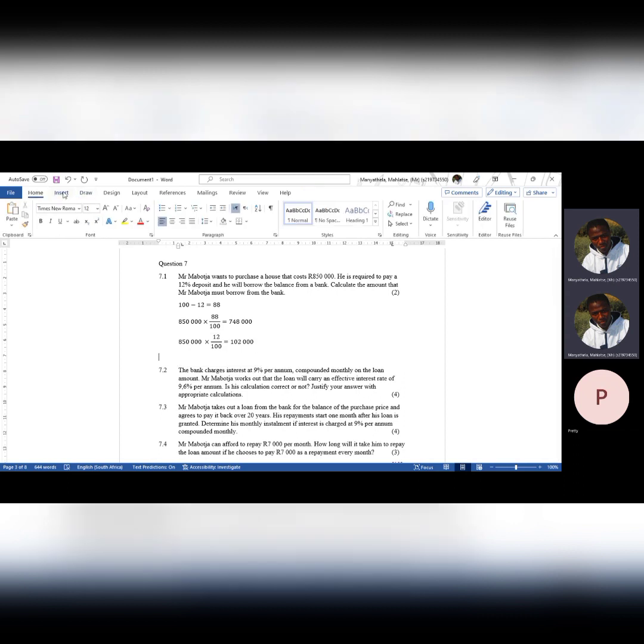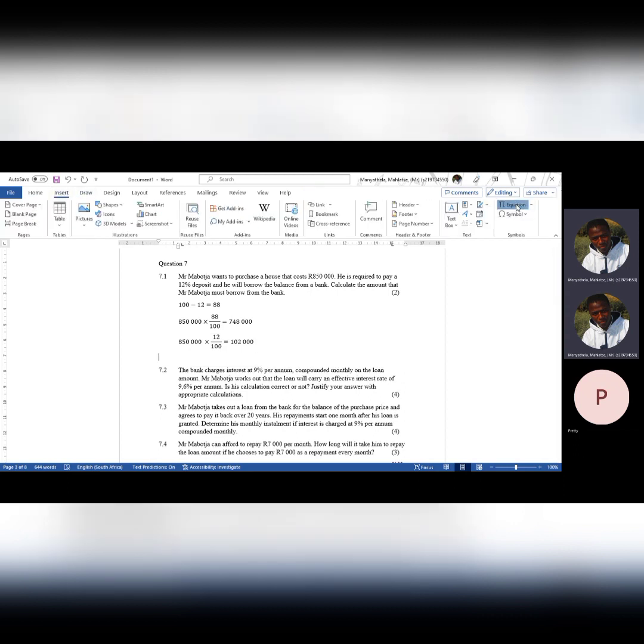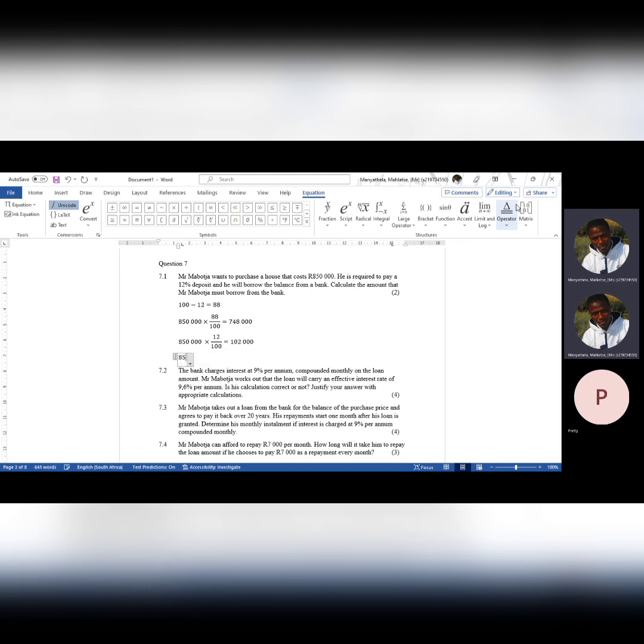On the next step, it's a long process, but it's not that long. You're going to say 850,000. Subtract the amount that you got, which is 102,000.